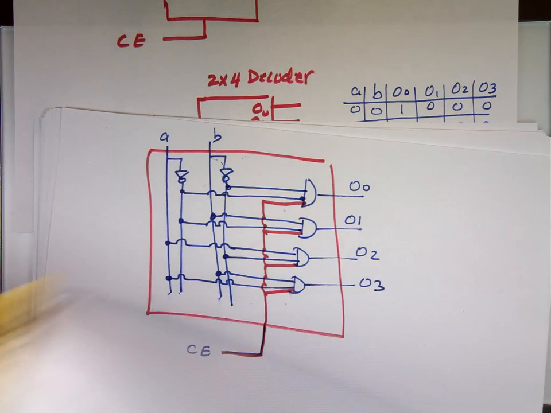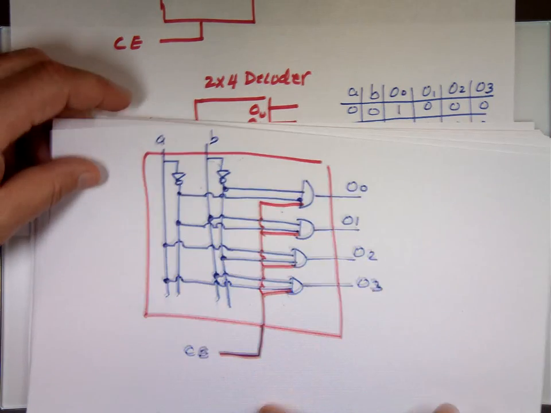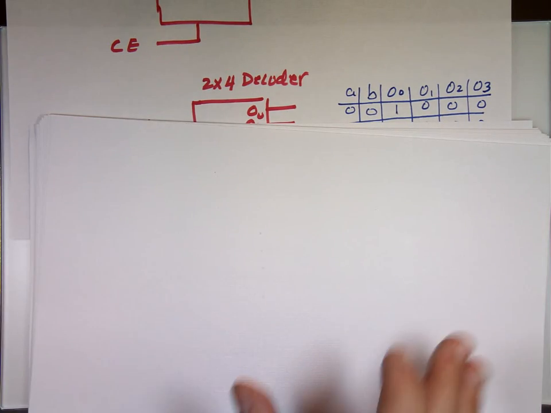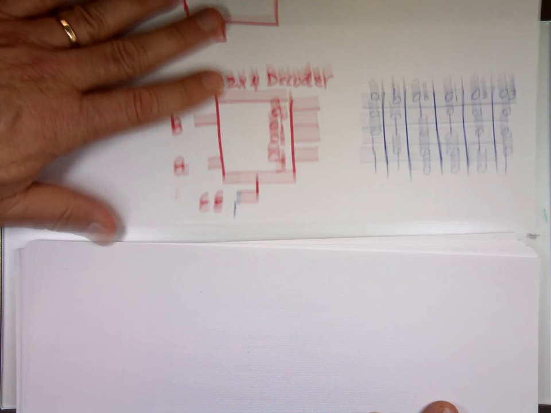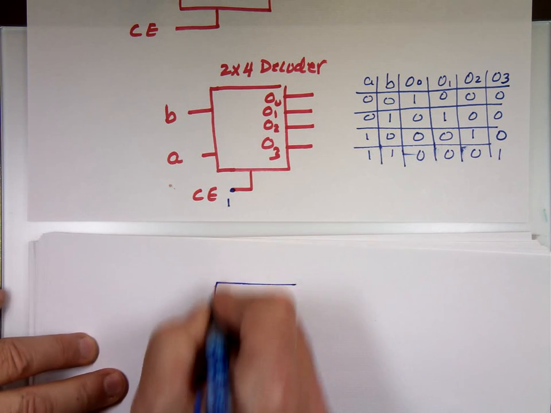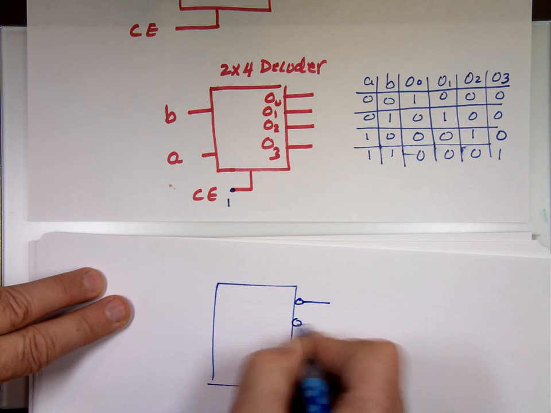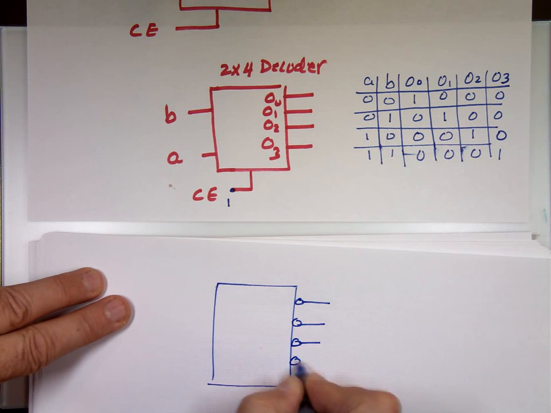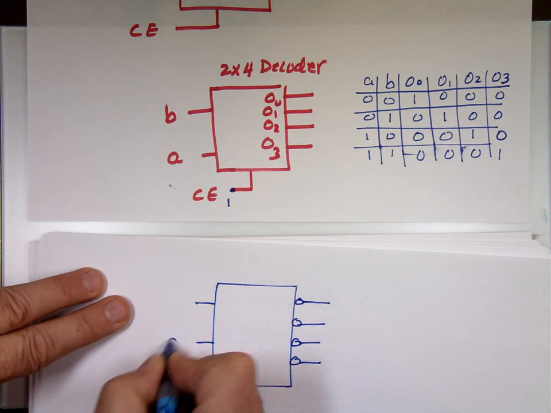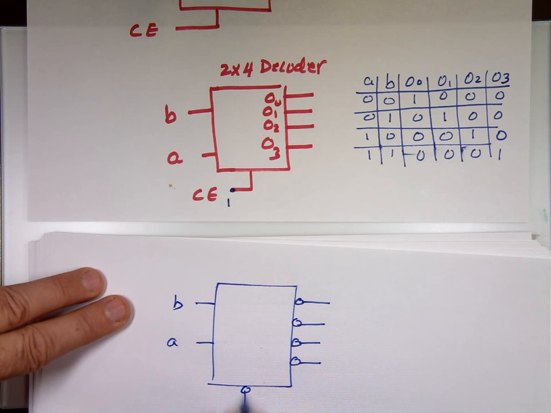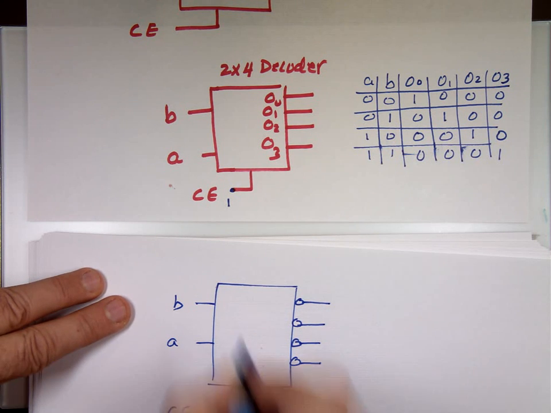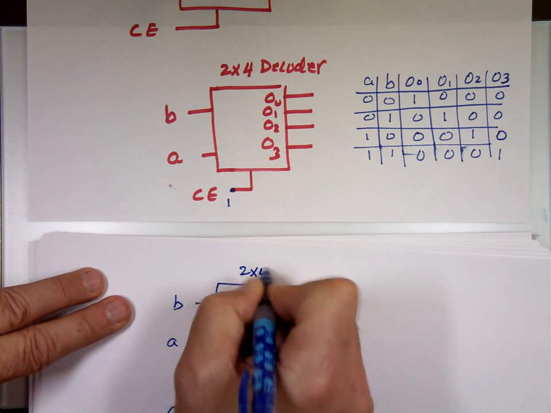Now sometimes you look at a 2x4 decoder and it looks like this. Little bubble at the end. This is still a 2x4 decoder.